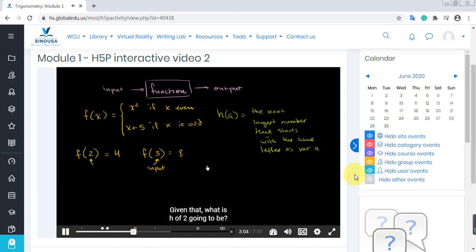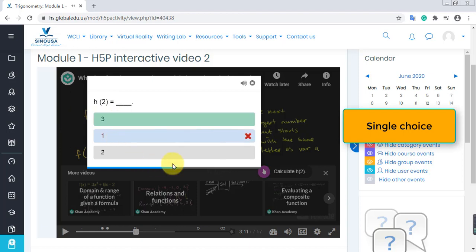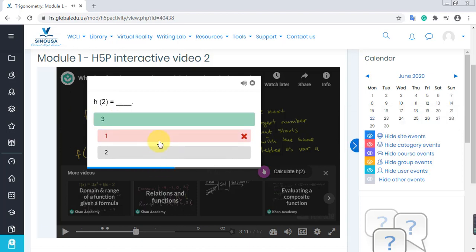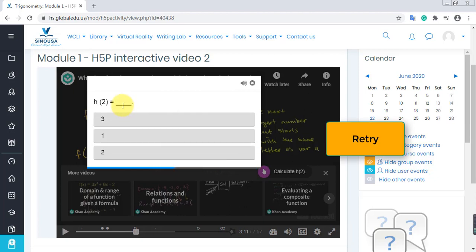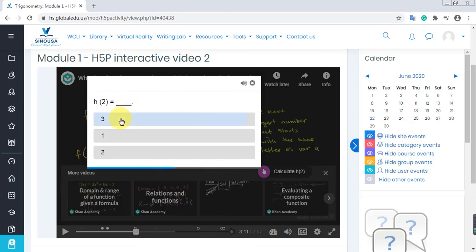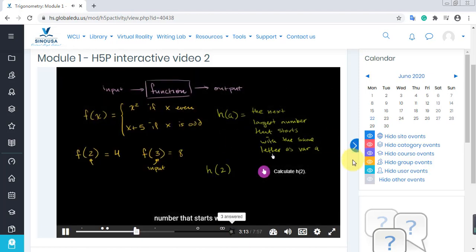So given that, what is h of 2 going to be? Well, 2 starts with a t. What's the next largest number that starts with a t? Well, it's going to be equal to 3.